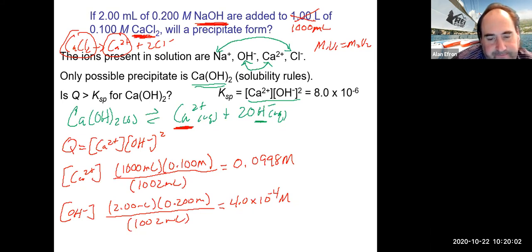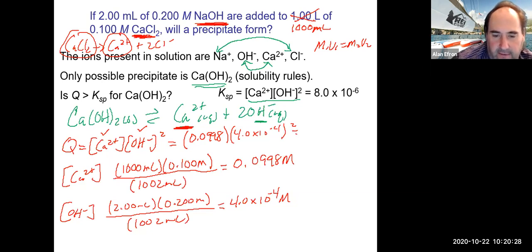Now that I actually do have the calcium concentration in the mixture and the hydroxide in the mixture, I am now free to put this into my Q expression, and that would give me 0.0998 times 4 times 10 to the minus 4 squared.